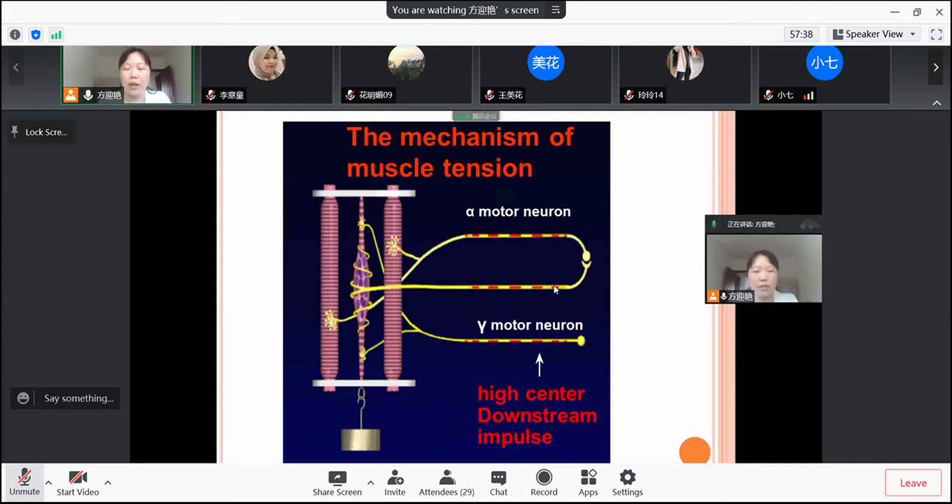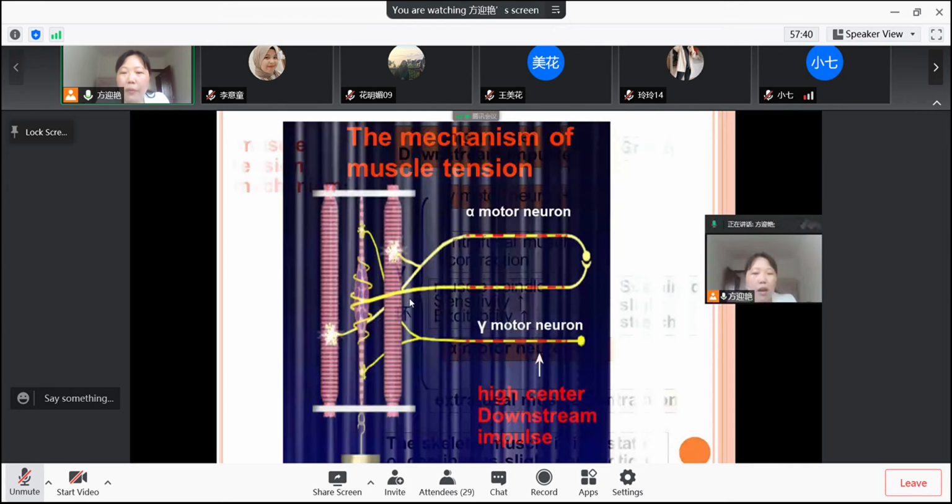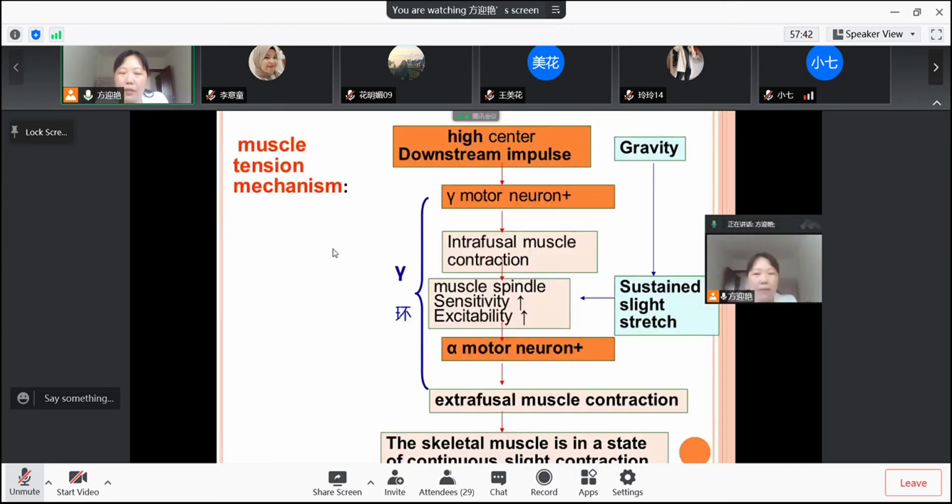And also I hope you know that what we just talked about is majorly the muscle tensing mechanism, majorly the stretch reflex. As we just talked about, the higher central impulse can reach the gamma motor neuron, and this leads to intrafusal muscle contraction, increases the muscle spindle sensitivity and excitability, and then leads to the alpha motor neuron, and then to the actual muscle contraction.